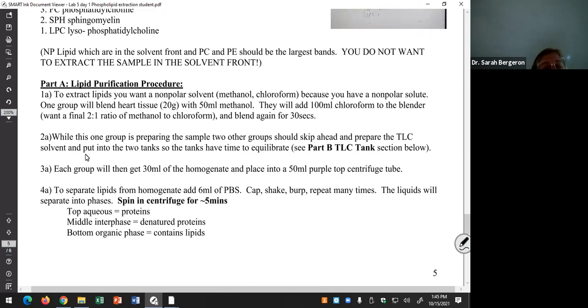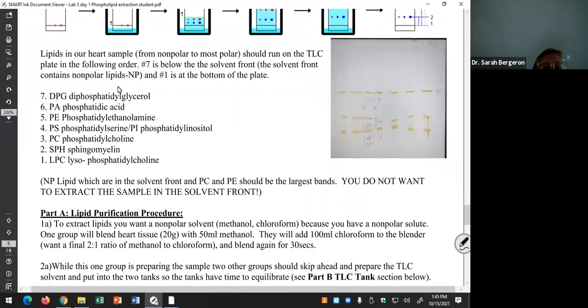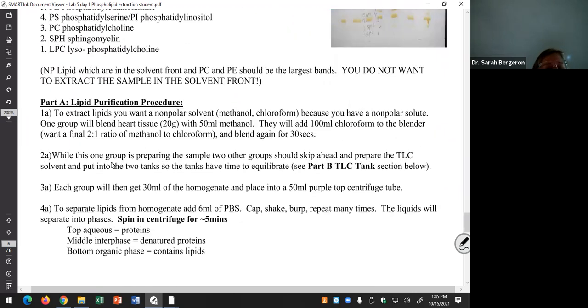So you're going to have to prepare the solvent. So see this blue solvent here? That is going to be required to run, because you actually have to make sure that you have the same humidity in the tank for the whole time of the run. So you have to make the solvent early, put it in the tank, put a lid on the tank, and let it equilibrate.